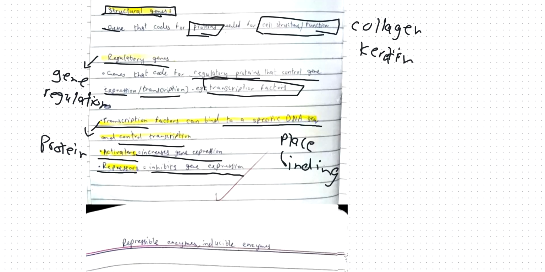Repressible enzymes: their synthesis can be prevented when a repressor protein binds to an operator, a specific sequence of DNA. So remember, a repressor protein binds to a place called the operator. The operator is a specific sequence of DNA.